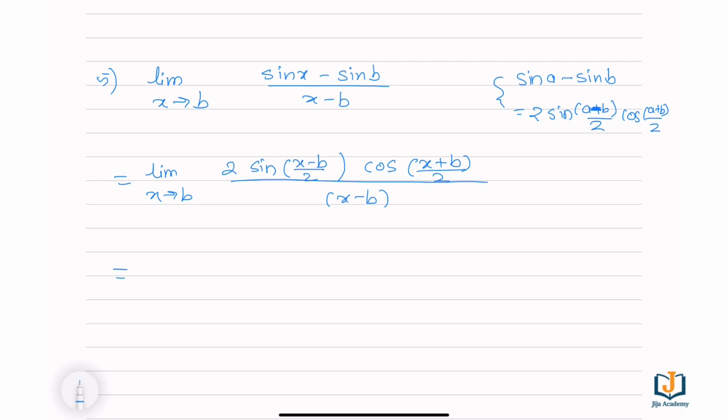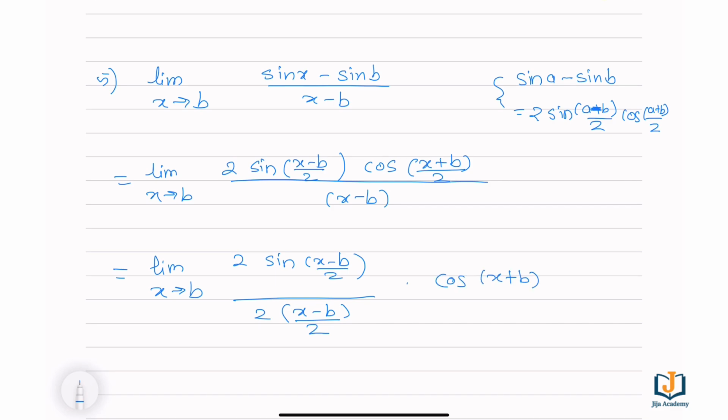So here 2 times the limit as x tends to b of sin of x minus b upon 2 divided by 2 times x minus b divided by 2, into cos of x plus b divided by 2.